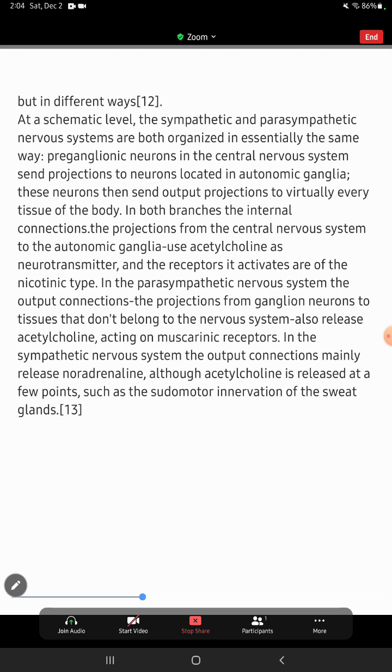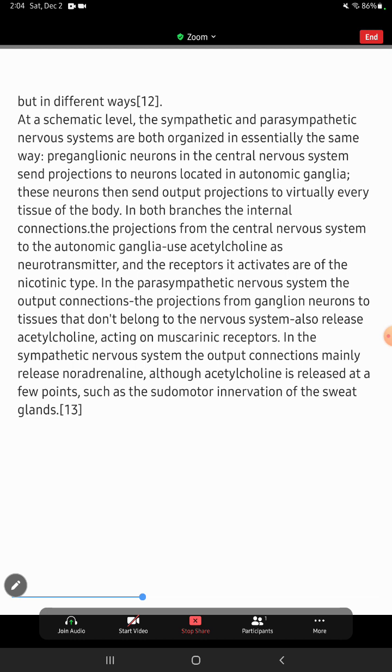In the parasympathetic nervous system, the output connections, the projections from ganglion neurons to tissues that don't belong to the nervous system, also release acetylcholine, acting on muscarinic receptors. In the sympathetic nervous system, the output connections mainly release norepinephrine, also called noradrenaline.